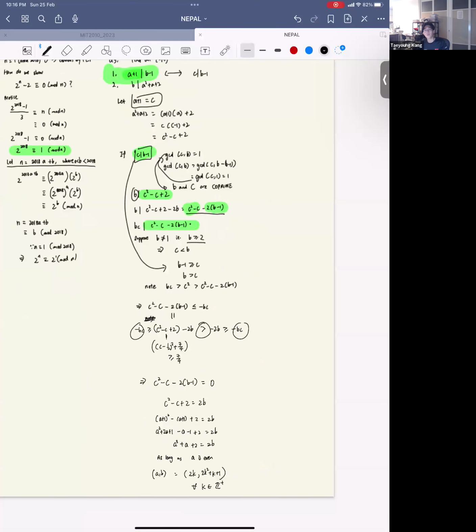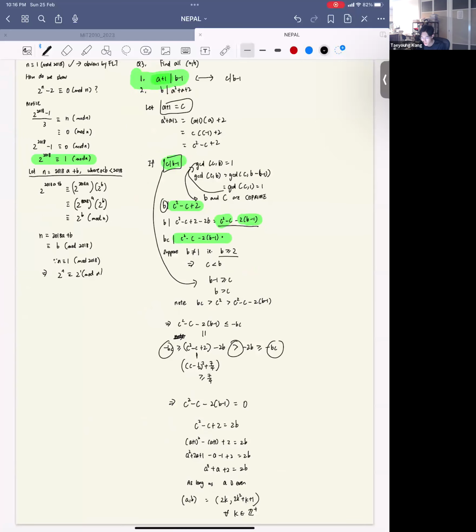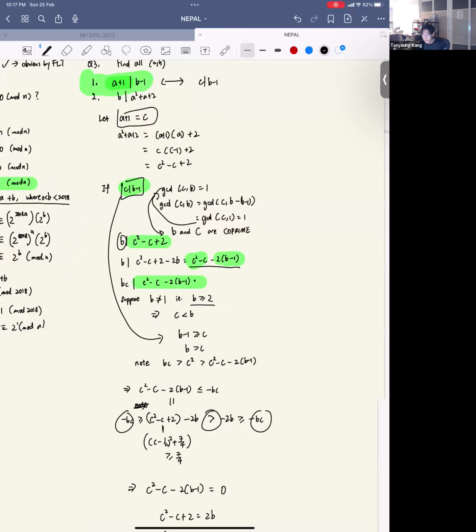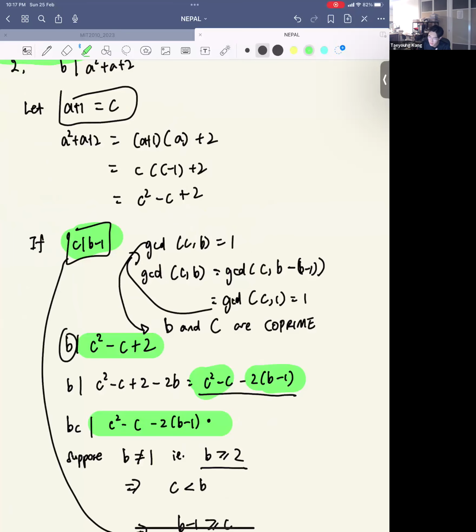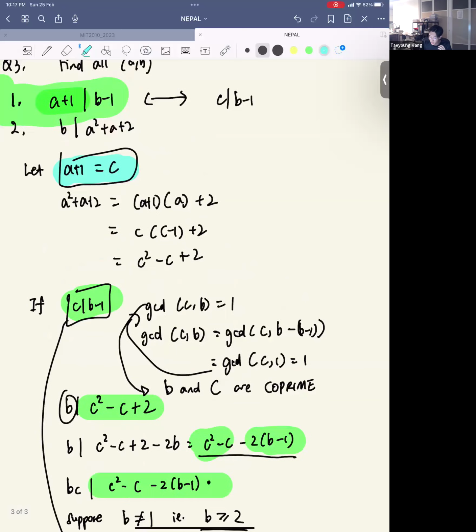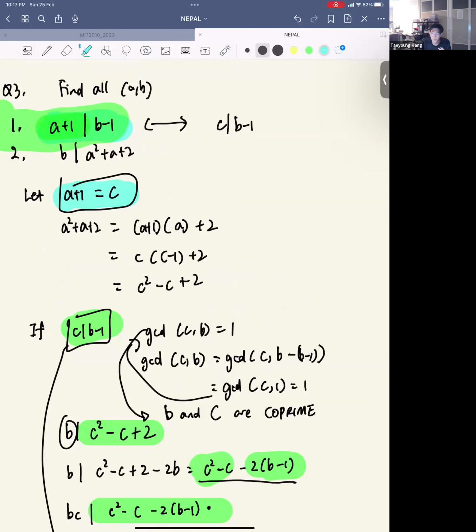Okay, so what was the main gist of the solution? The main idea was to firstly identify that we have that b minus 1 is divisible by a plus 1. And we want to somehow exploit this fact, right? And that's what motivated us to make the substitution a plus 1 is equal to c. Because with this divisibility condition, if we substitute c instead, we have that c is coprime to b.